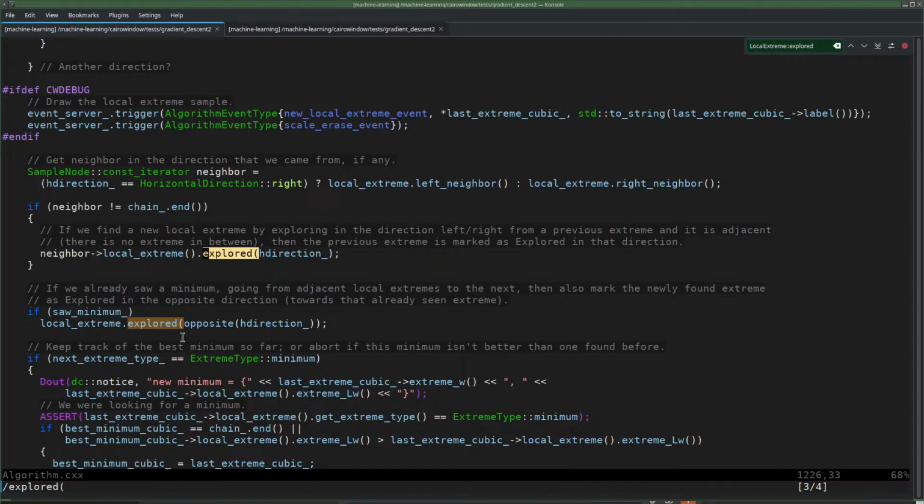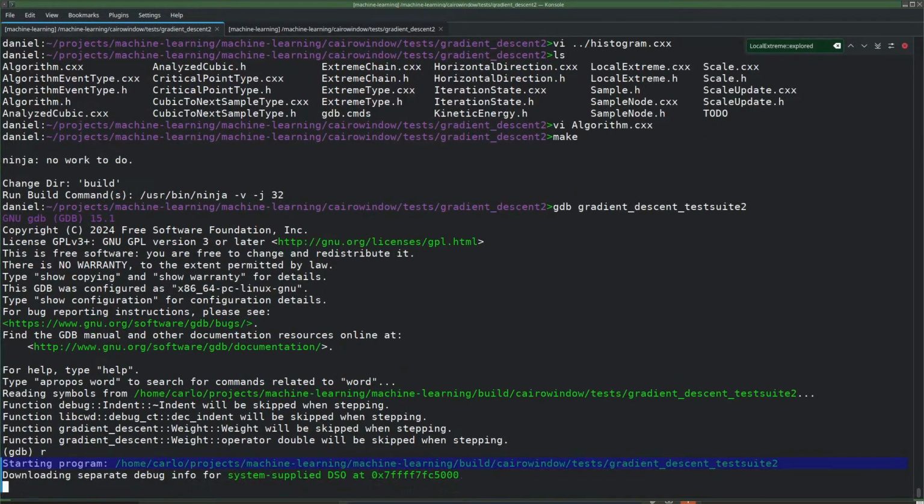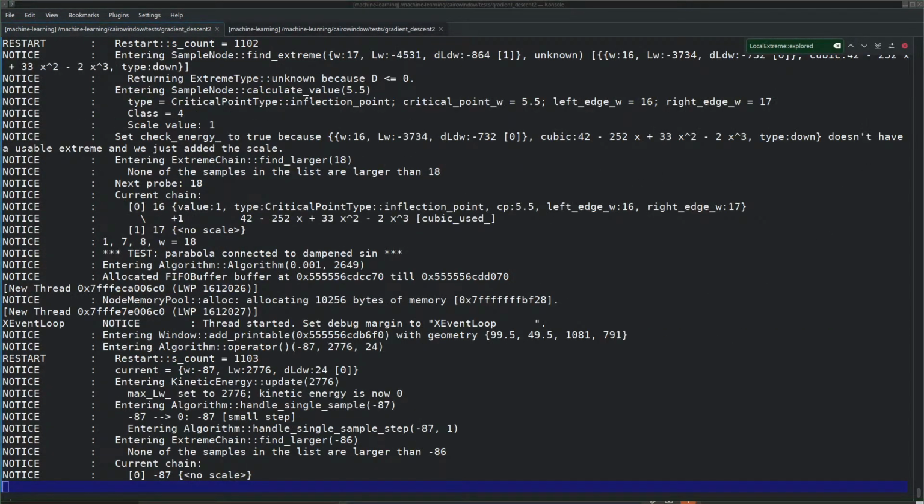So those are these two. So yeah, the neighbor is marked regardless, and if you saw a minimum, then the current one is explored in the opposite. I think it's corresponding to our brute force program that worked. Therefore, we can continue investigating how the program is running.